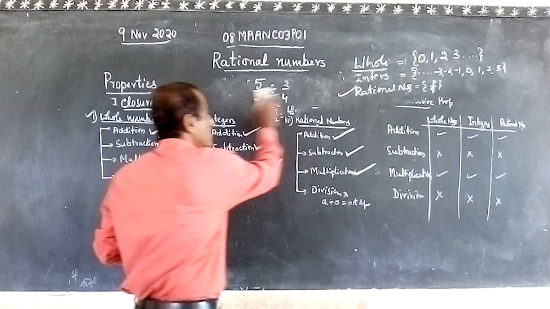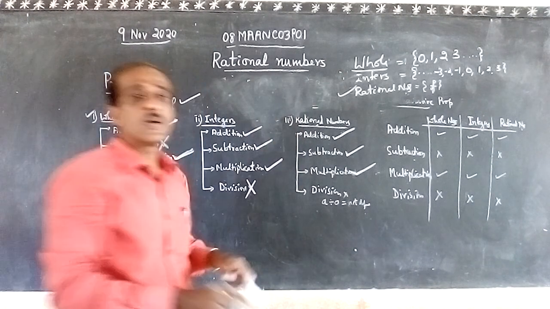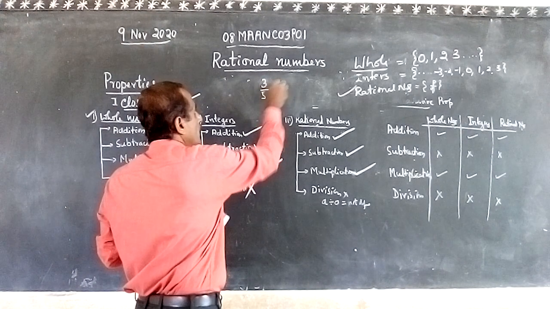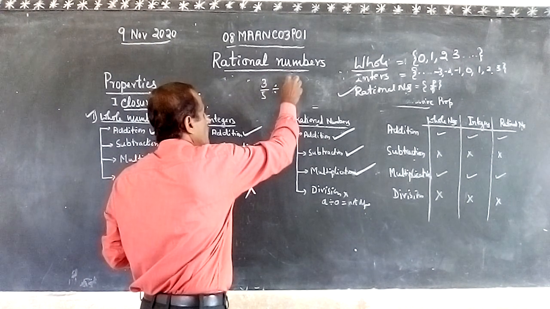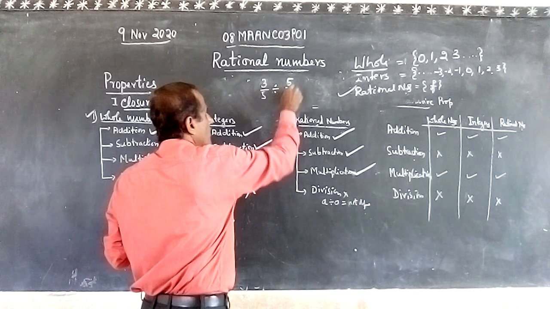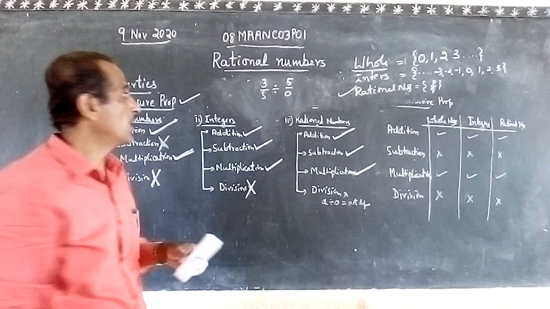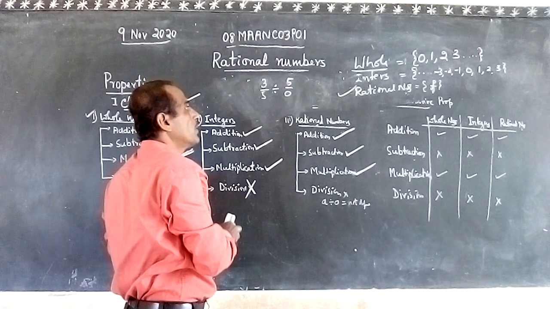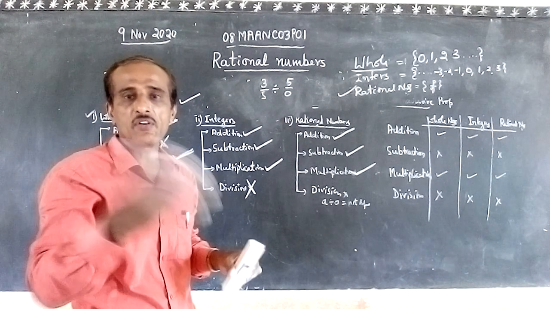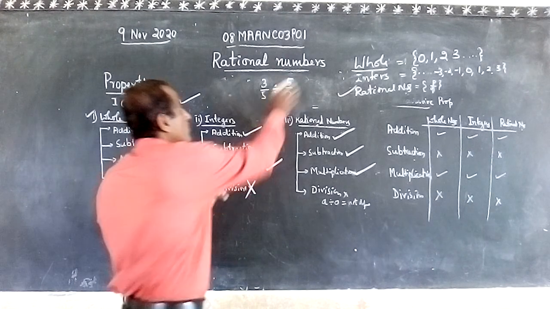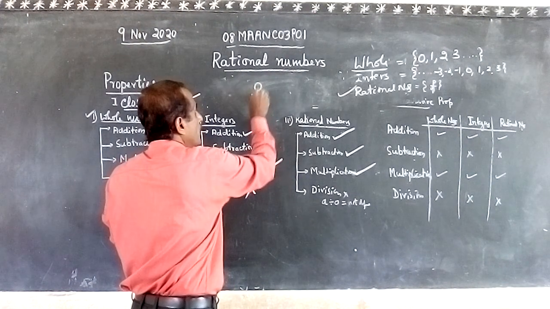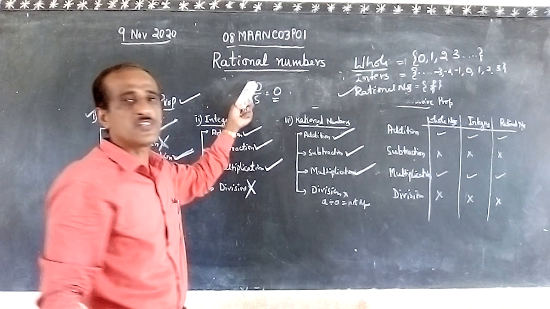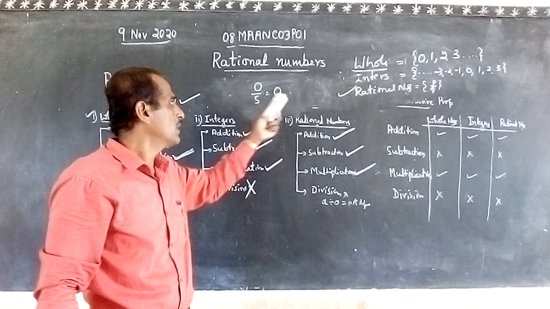But for some cases it is not possible. For example, 3 by 5 divided by 0, say 5 by 0. In the previous class we have studied that 0 by 5 is equal to 0. If 0 is in the numerator and any number is in the denominator, the answer is 0.